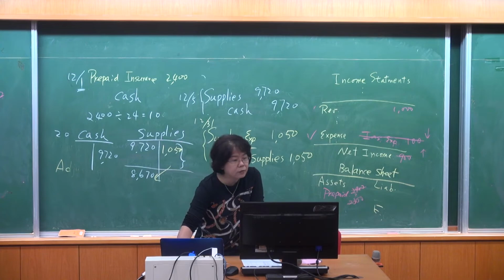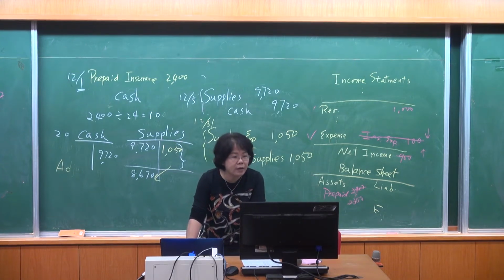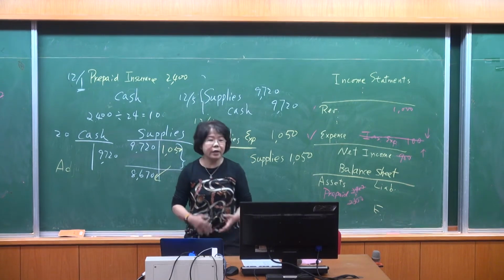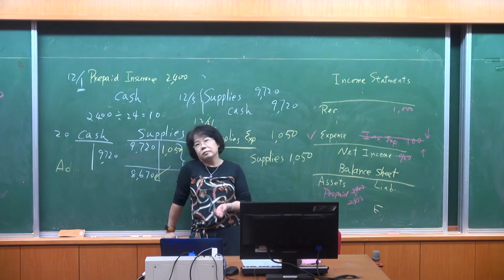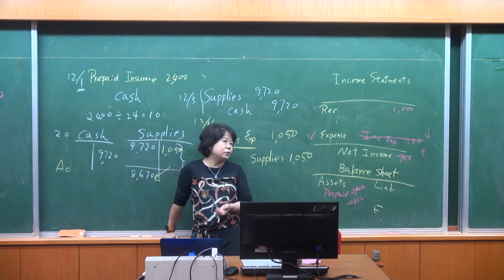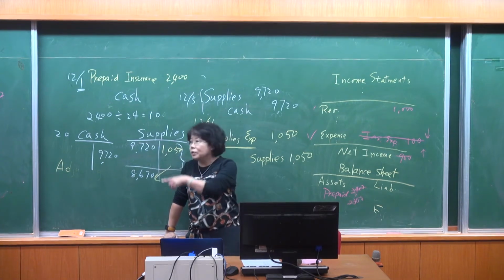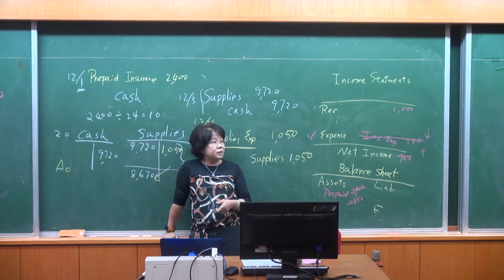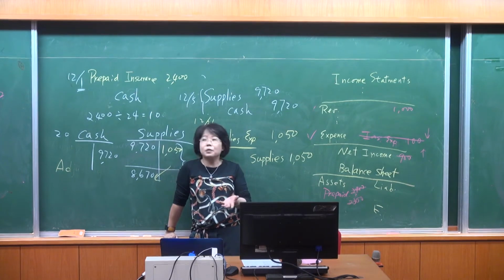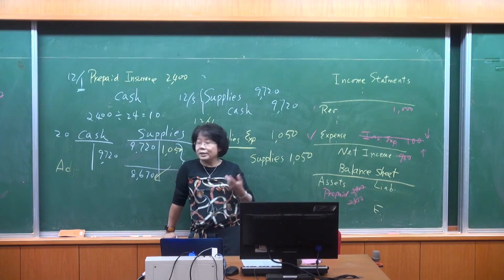All right, go further. We have other things, for example, prepaid. Prepaid subscription, like ordering a magazine. Normally they require you to pay for, say, 24 months or 60 months.